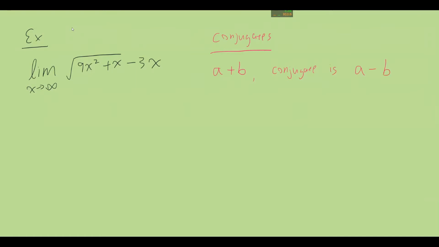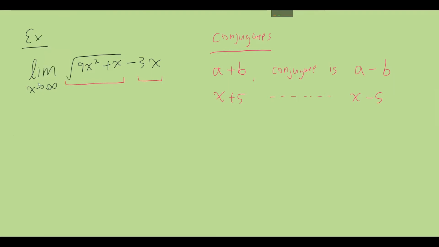And same thing if I have x plus 5, the conjugate will be x minus 5, right? It's just that you change the sign in the middle. So here in the original question, we're going to look at this part. That's our A and that's our B, so we have A minus B. We want to multiply by the conjugate.